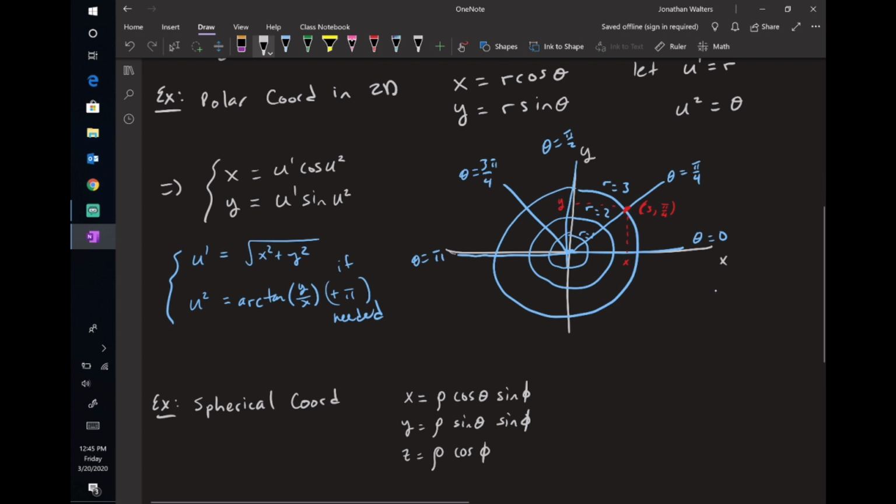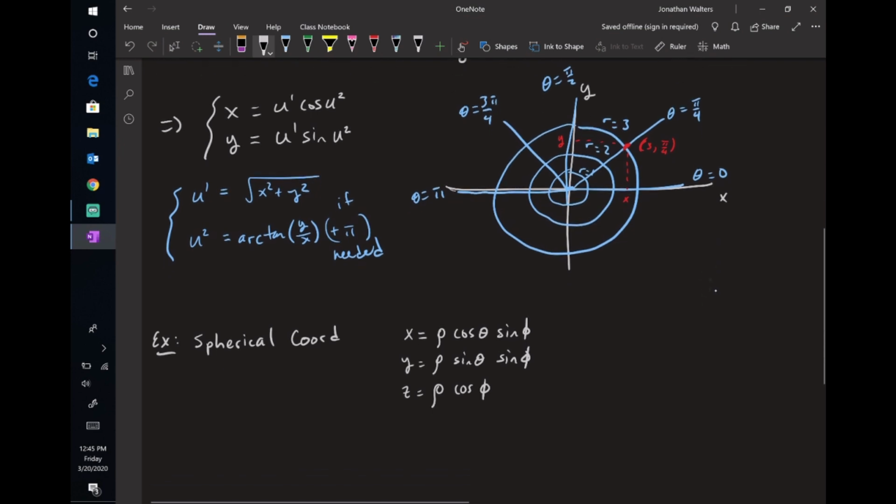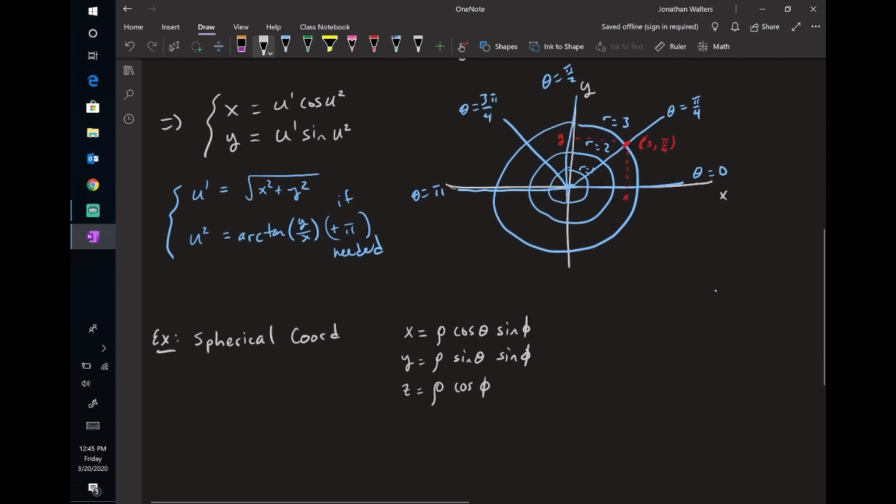Some books or some discussions will swap theta and phi, but I use theta as the rotation around the z-axis and phi is the angle off of the z-axis, the azimuthal angle, and theta is the polar angle. You can swap those, just have to keep them straight in your brain. I think our book actually has them swapped, but it doesn't matter.